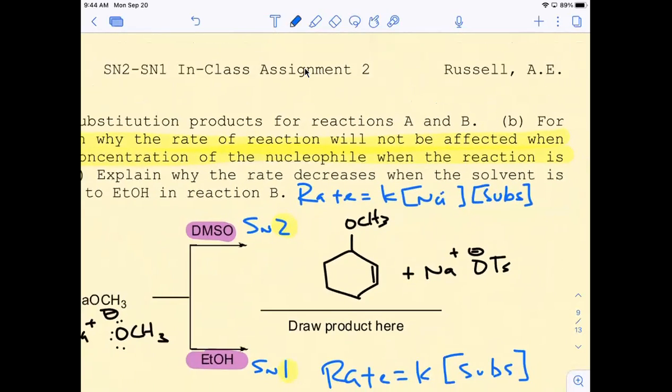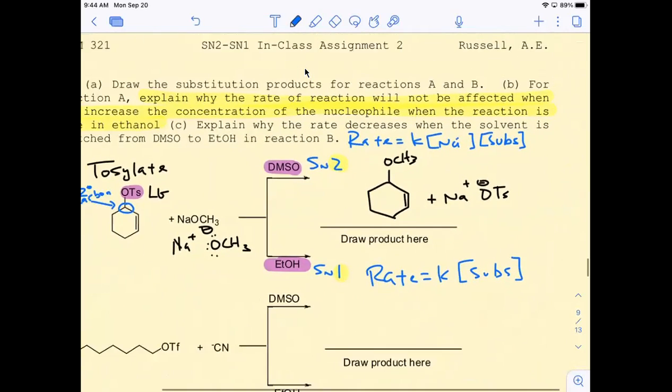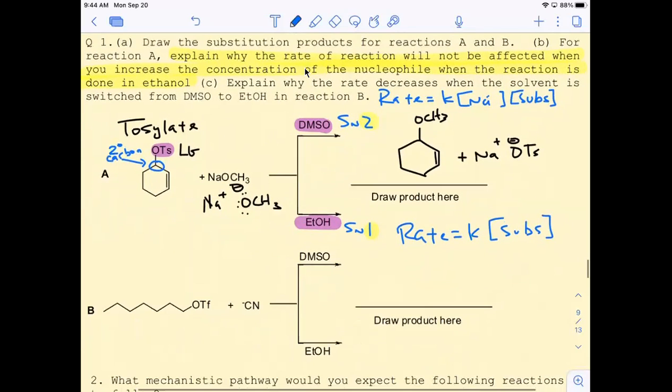All right, so if I do it in ethanol, nothing happens to the rate because the nucleophile is not involved in the rate, or not involved in the rate determining step. All right, okay, so let's look at the next one because I think the second question is asking about that.